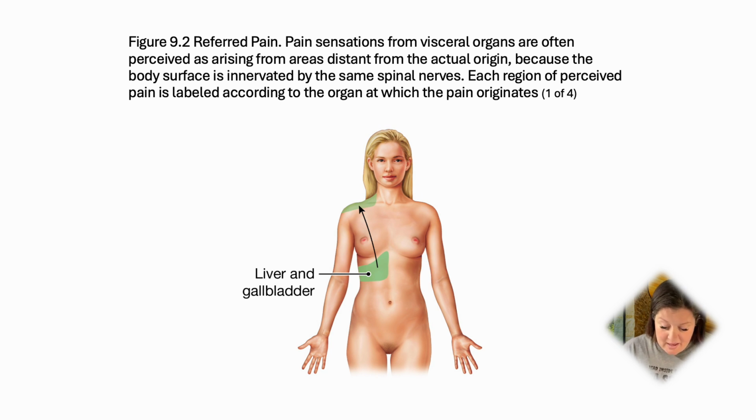So if I have a very deep cut, or I have encountered high heat, let's say I've touched the hot stove, or I have come into contact with caustic chemicals, then I am going to describe that pain as burning. And that is because these are strong stimuli to our nociceptors.